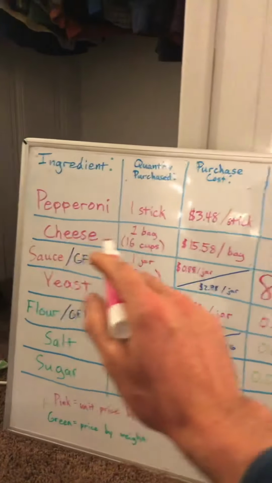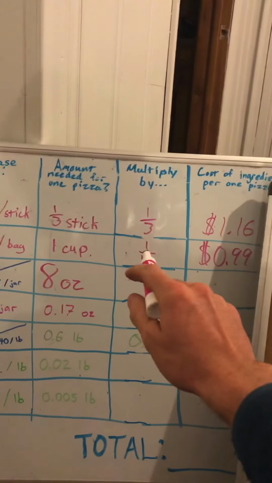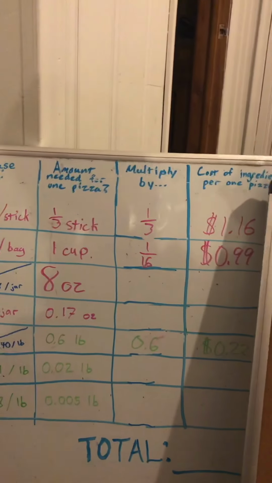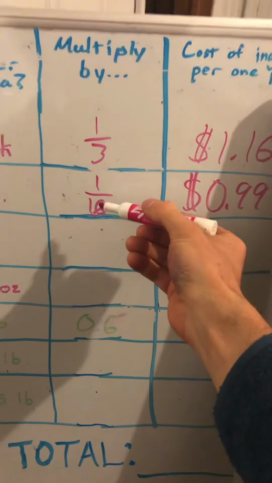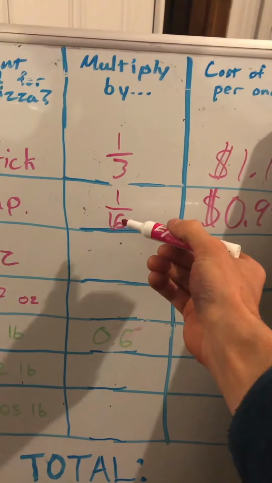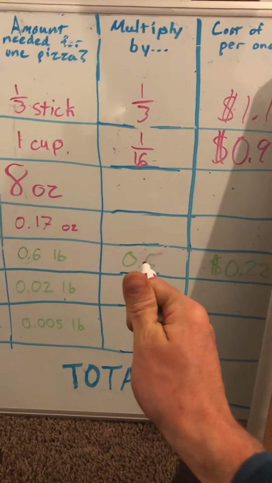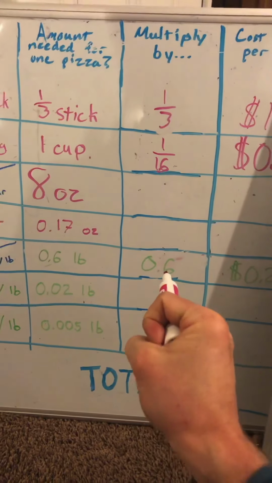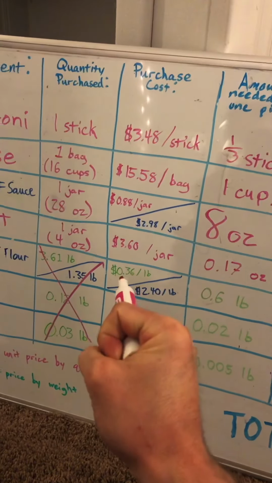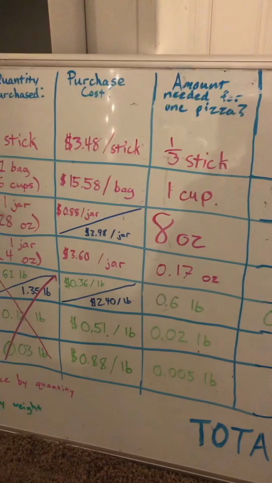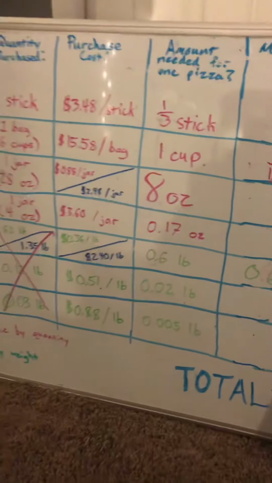So in these pink ones up here, you're multiplying by a fraction, or in other words, dividing by the denominator, dividing by 3 or dividing by 16. In these green ones down here, you're multiplying by the decimal, or by the weight of how much we need, multiplying that by the cost of that weight. So let me show you an example problem of one of these.